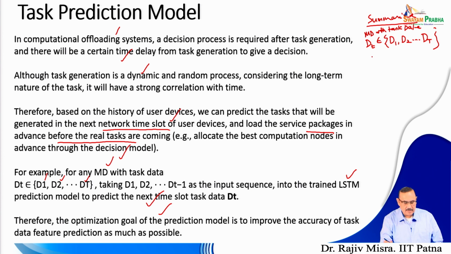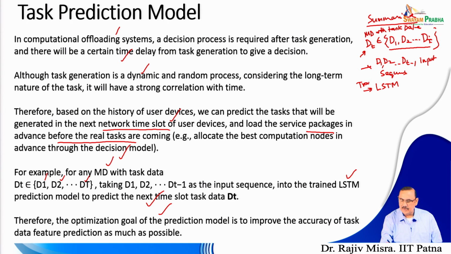Now let us take d1, d2 and so on up to dt minus 1 as the input sequence, and this will be fed into a trained LSTM model.